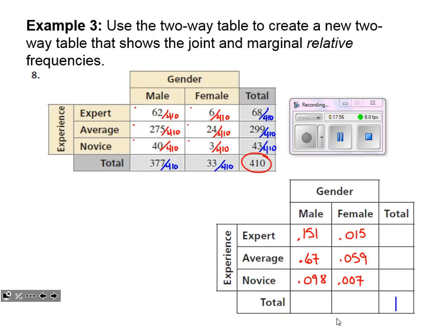So those are all of our joint relative frequencies. And now if we sum up those columns, we should get the same thing as doing the work shown up here. Taking 377 divided by 410, I should get the same thing as if I had just added up that column to begin with. So that's another nice check to see if maybe you misplaced a decimal point or some of your calculations were off.